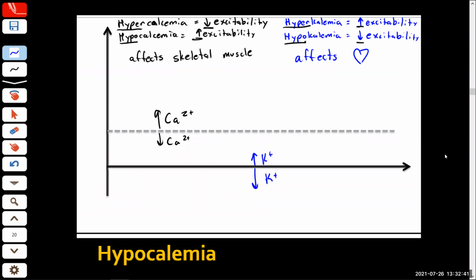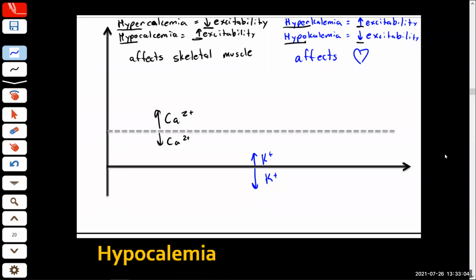So will it help my muscle spasm to have it more excitable? Bananas aren't going to help. Potassium raises your excitability. Your muscle is already contracted. Do you want it to contract more? I don't need a banana. This is weird. Also, by the way, avocados have much more potassium than bananas.